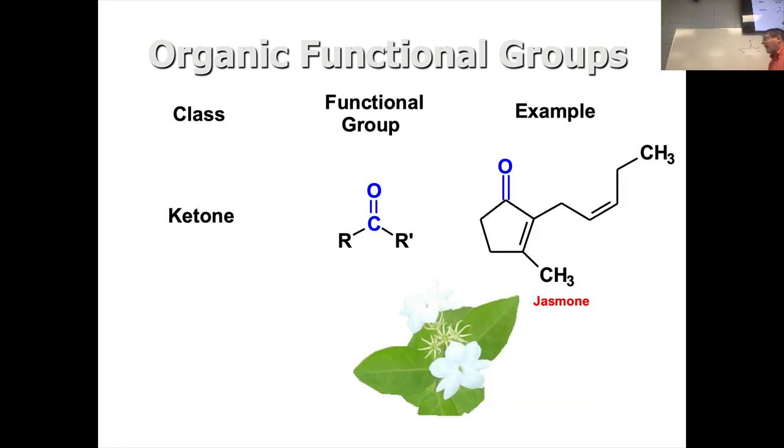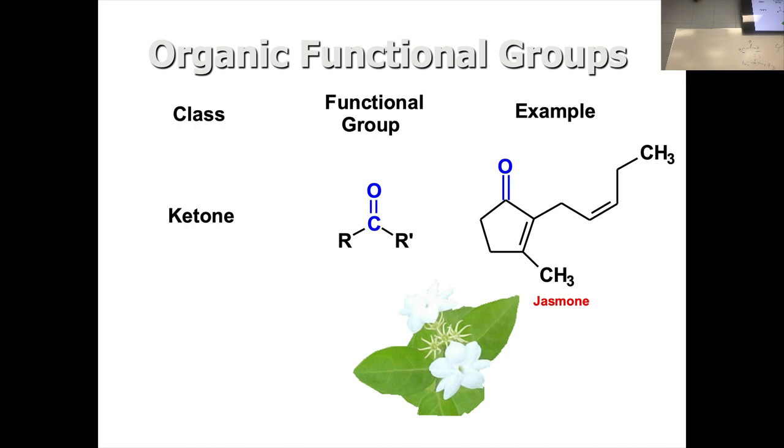We can also have a carbonyl that is bound to two carbons. So again, there's my carbonyl, but now it is bound to two carbons. This is called a ketone. It is not an aldehyde. It is a ketone. It has a different function. The example that they give you is the fragrant jasmine.